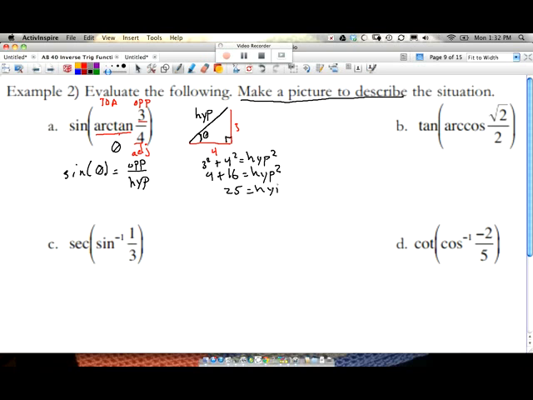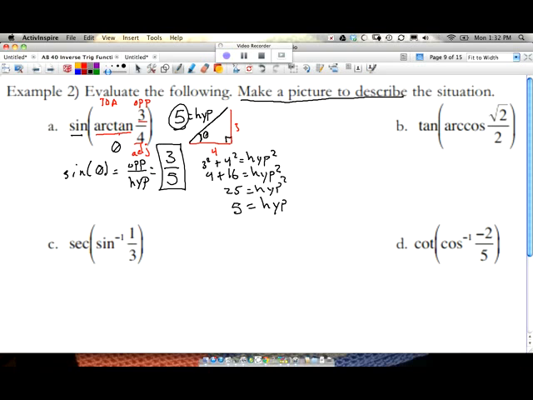So 5 is my hypotenuse. You might have memorized that from a Pythagorean triple, is what we would call that. So when I'm asked to figure out sine using the opposite and hypotenuse sides, the opposite in this case is 3, and the hypotenuse is 5.